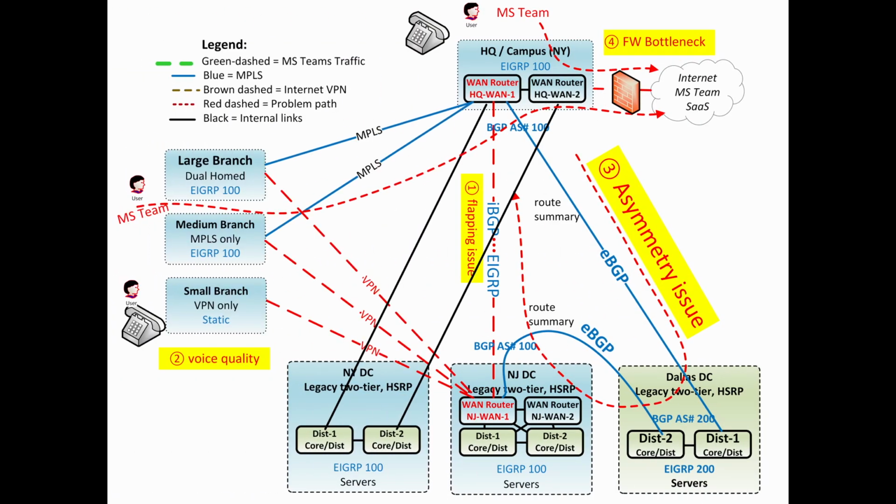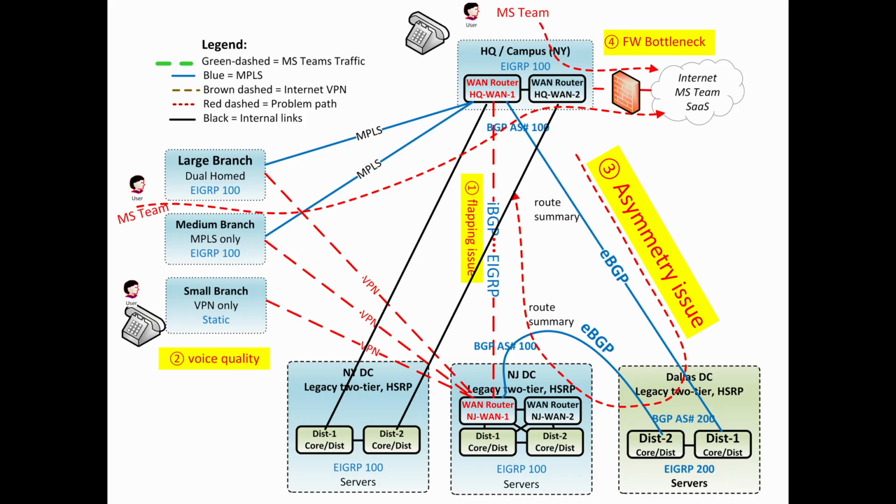When a server sends the return traffic, it first sends the packet to its default gateway. The default gateway is provided by HSRP. If DIST-1 is the HSRP active device, Dallas server to DIST-1 to New York, the traffic returns directly to New York. No asymmetry exists.